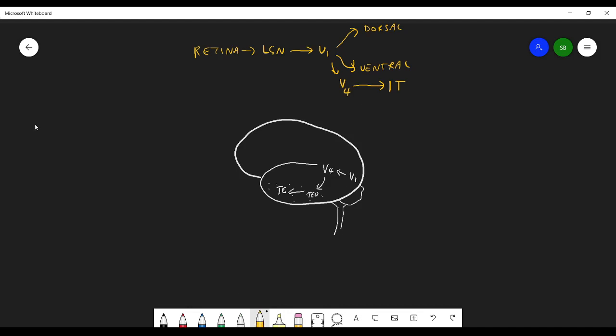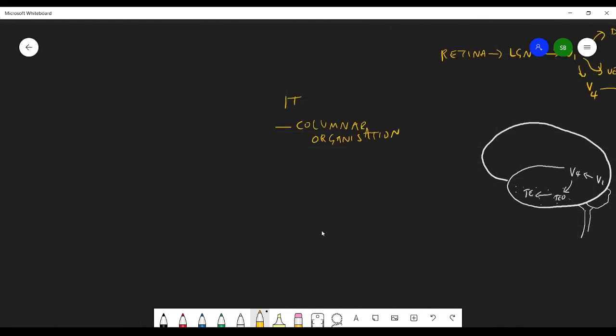First interesting thing to note about the inferior temporal cortex is that it has a columnar organization. Very much like V1. What do I mean by that? So imagine that you're looking now onto the surface of IT.